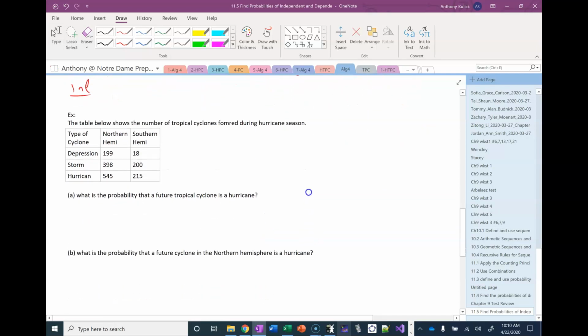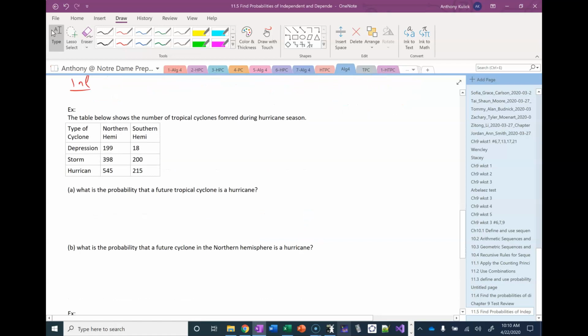Okay. Let's look at another example. The table below shows the number of tropical cyclones formed during hurricane season. So we have the type of cyclone. So there's depressions, storms, and hurricanes. And then the locations, northern hemisphere and southern hemisphere.